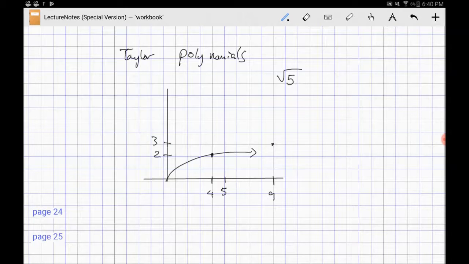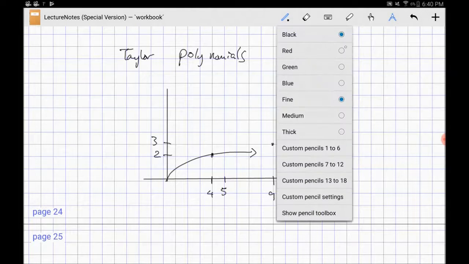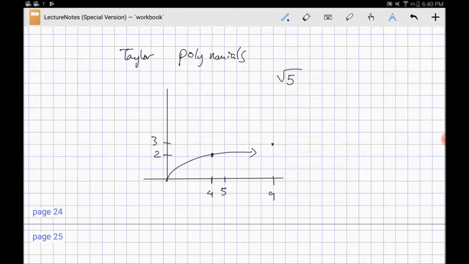And one way that we can find the approximate value of the square root of 5 actually is if we drew a tangent line. Let me find my tangent line. I hope I get this one. This is a tangent line.